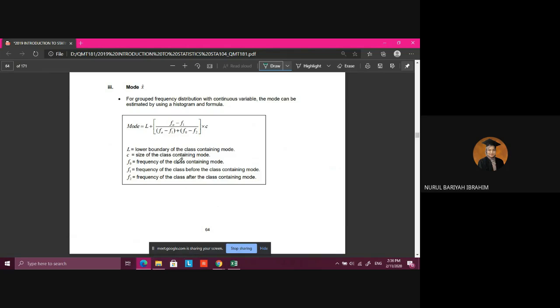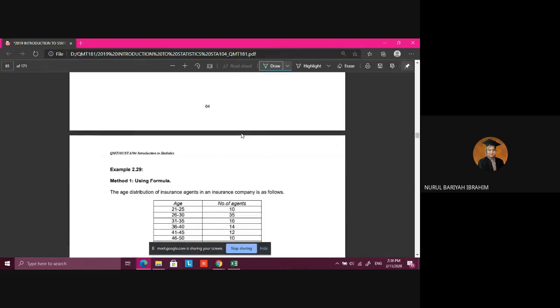F0 adalah frequency of the class containing mode. F1 frequency of the class before the class containing mode. F2 frequency of the class after the class containing mode. C adalah class size. Okay, let's see the example here.